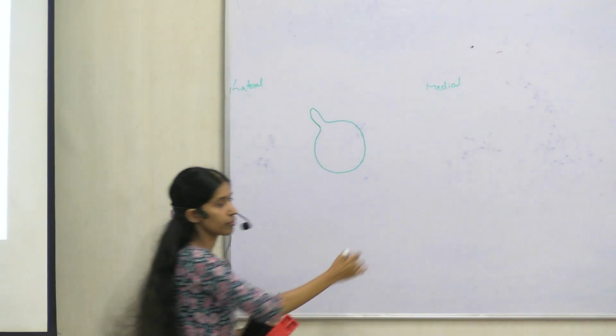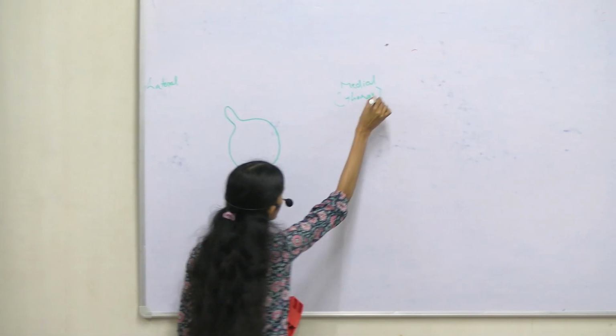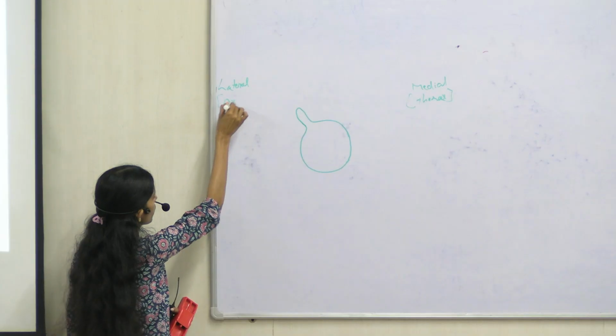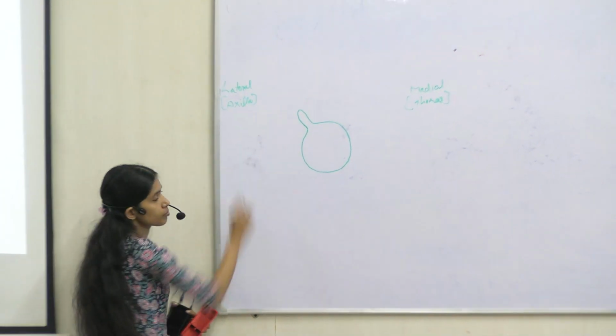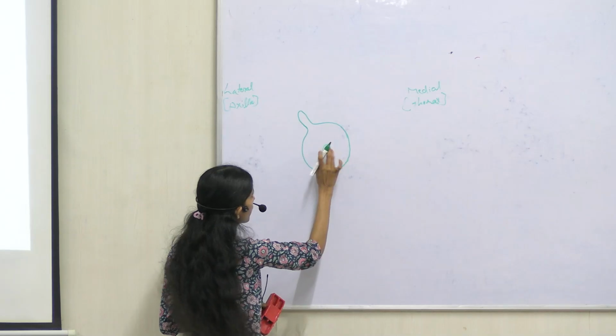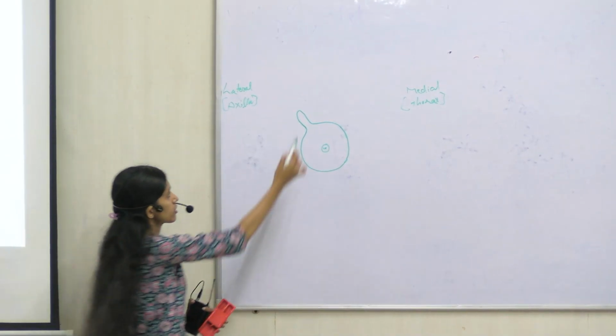On the medial side, we have the thorax region and on the lateral side, we have the axilla region. Okay, and this will be your nipple and areola part. What is this structure called?